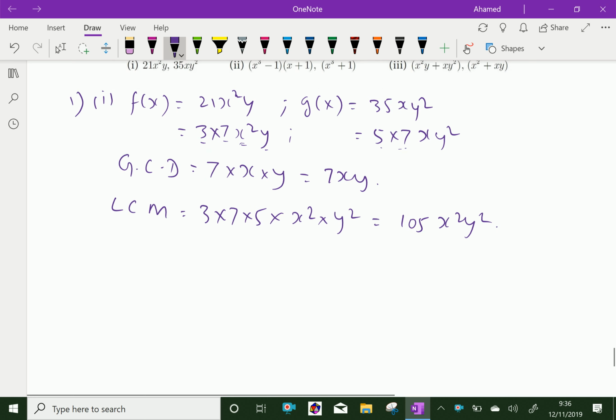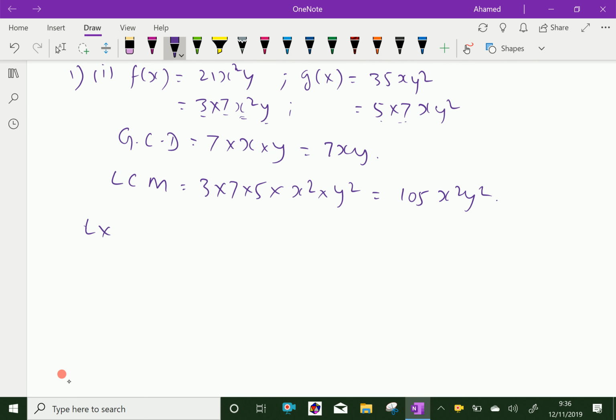Now let us check LCM into GCD equal, we have LCM is 105 x square y square into, and GCD is 7xy.